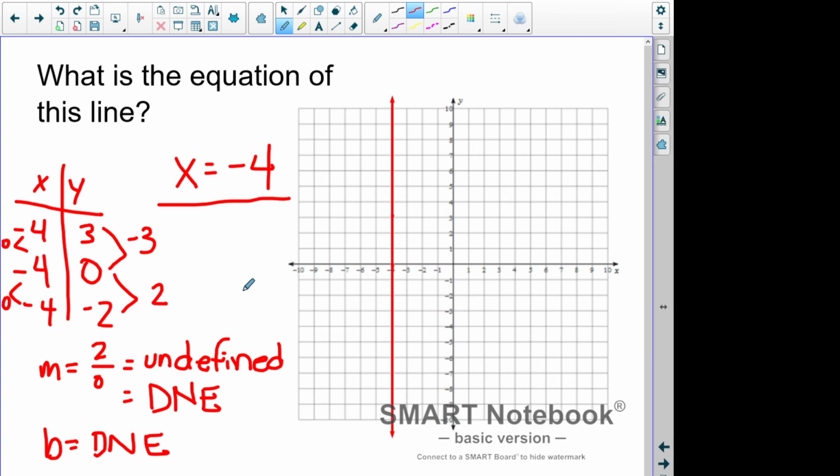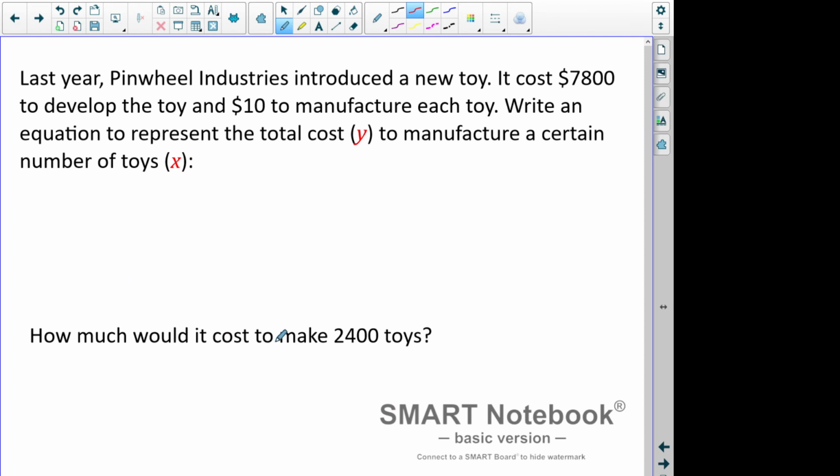All right. Okay, and then our last example here, we're going to always come back to some sort of situation, right? So here's a situation. Here's a company that's making toys. It costs them $10 to manufacture each toy, and it says that it cost $7,800 to develop the toy.